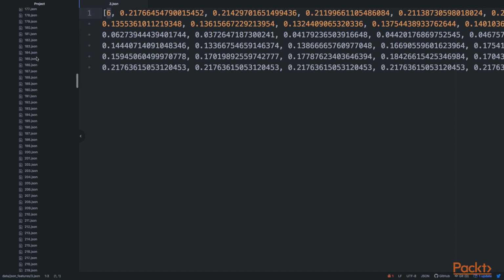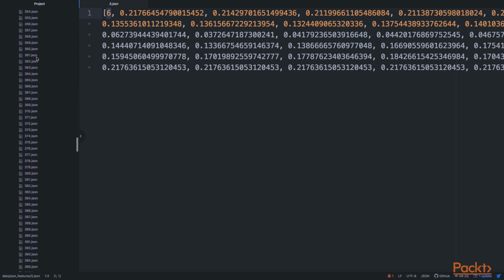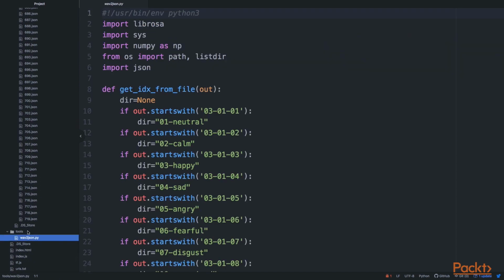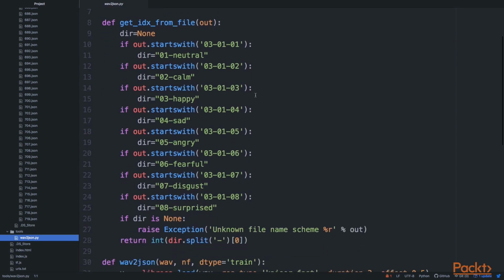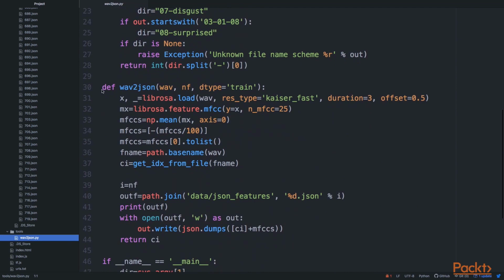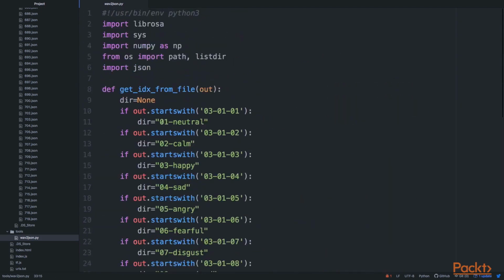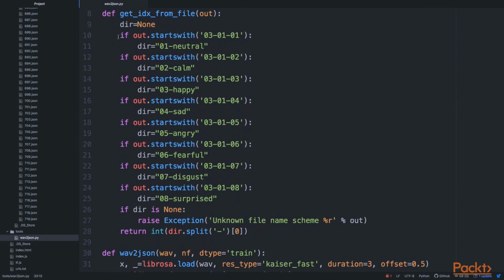Okay, so let's have a quick look at the conversion script in the tools directory. Let me just scroll to that. This is the exact, or very similar, script to what we've used before, at least the part where we have the feature extraction from LibROSA. The only difference with this script is that we are using inside knowledge about the dataset, because this dataset is labeled in a specific way.